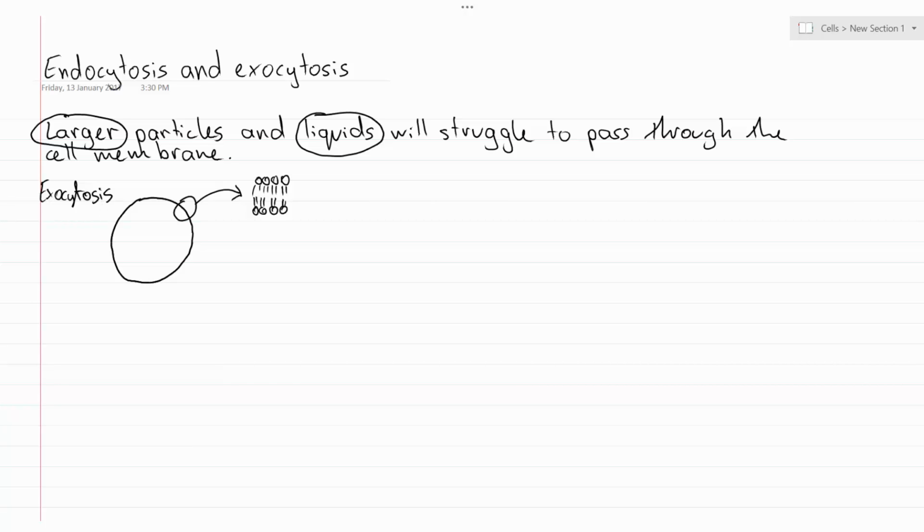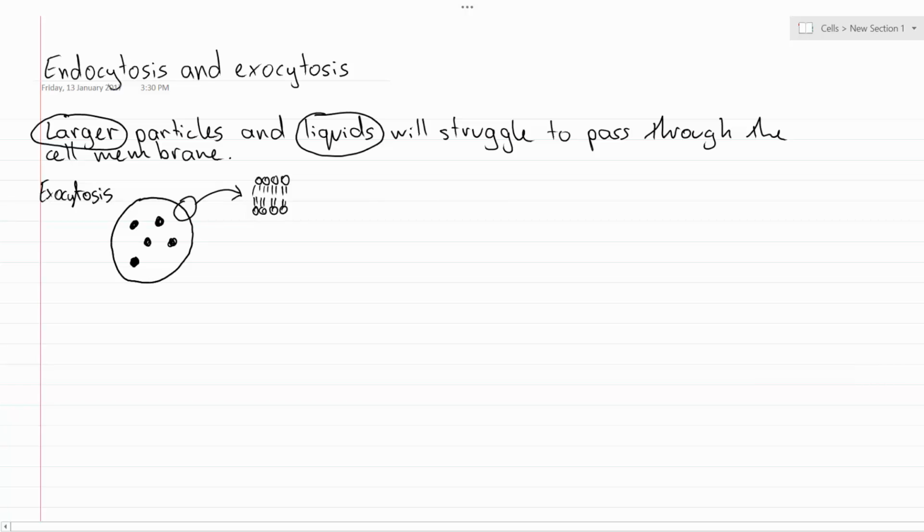In exocytosis, we're talking about out of the cell. So say a cell has just made a heap of proteins that it needs to send out into the environment somewhere external from the cell. We'll have a little vesicle here that will have some proteins. As they're a larger particle, they can't just pass straight through the cell membrane.